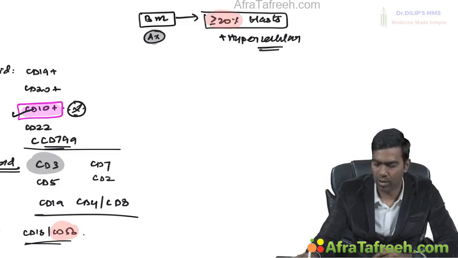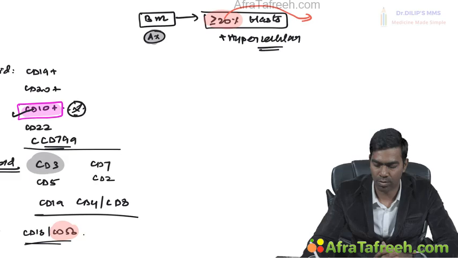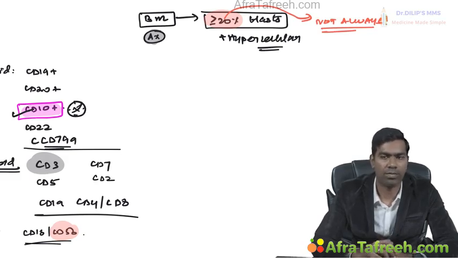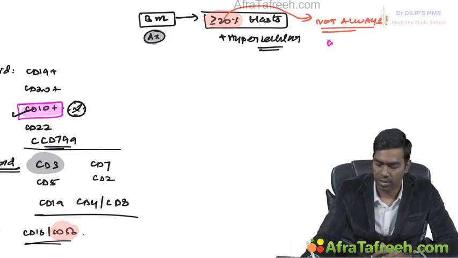When there are more than or equal to 20% blasts in the bone marrow, is it really an important thing? Do you really have to have 20% blasts to diagnose AML or ALL? Actually, the answer is no, not always. AML can be diagnosed with less than 20% blasts also, but they should have certain cytogenetic changes.